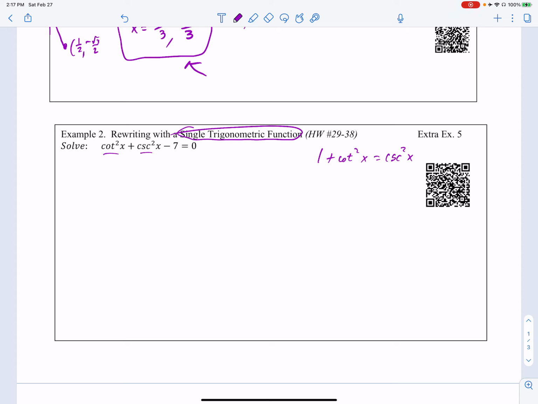It really doesn't matter. I just so happen to think about it this way, where cotangent squared is cosecant squared x minus 1. So I'm going to go ahead and do it that way. So in for cotangent squared, I'm going to put what it's equal to and replace it with this. And so replacing cotangent squared with that cosecant squared x minus 1, and then I have the rest of this.